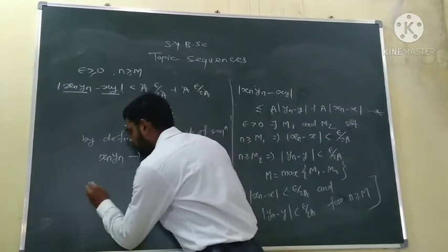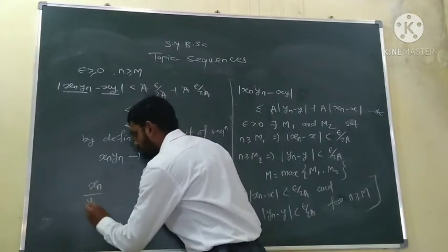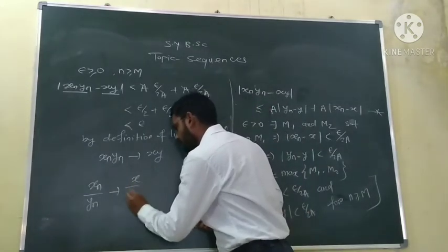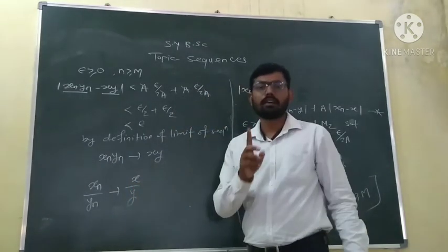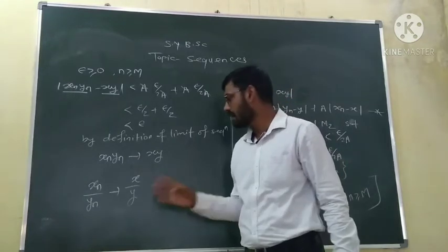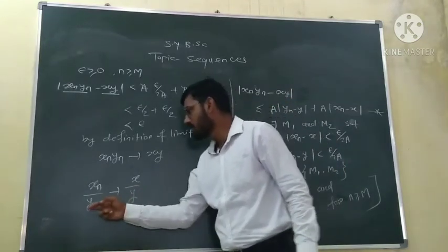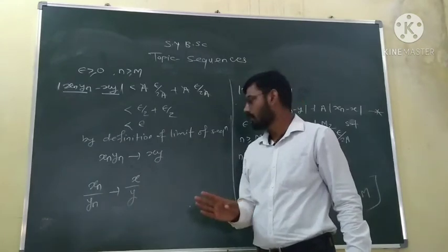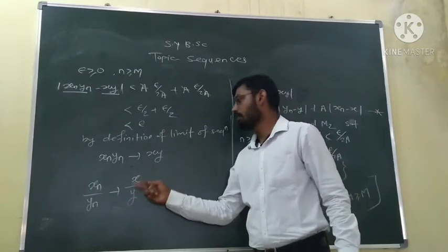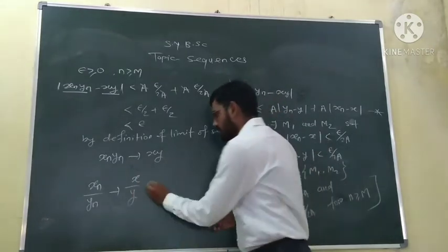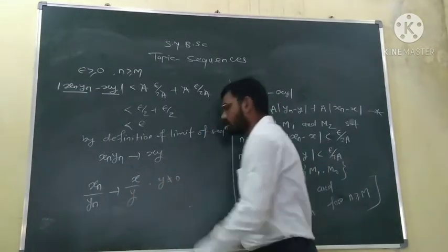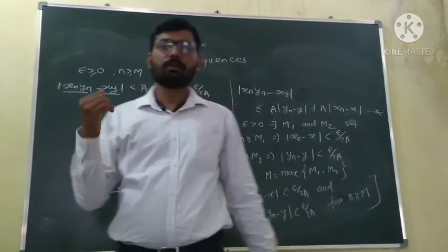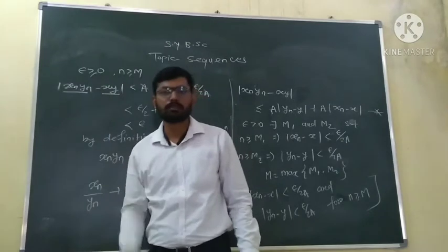The division of two sequences converges to the division of their limits, but the only condition is that this y, which is the limit of the sequence yn, must not be 0. If this becomes 0, something upon 0 is not defined, so y must not be equal to 0. So this is a very easy theorem. Now we will see some examples on these theorems.